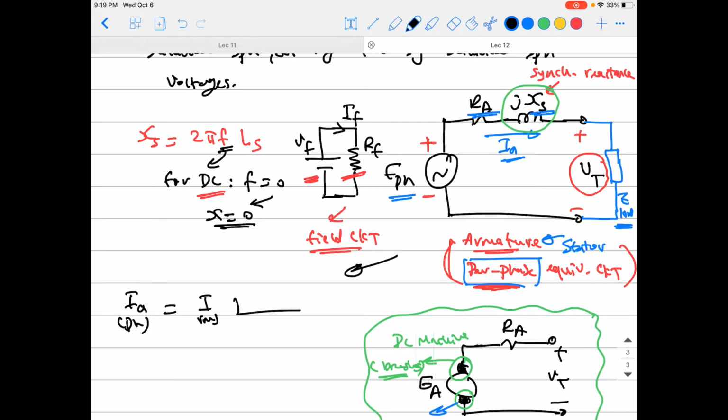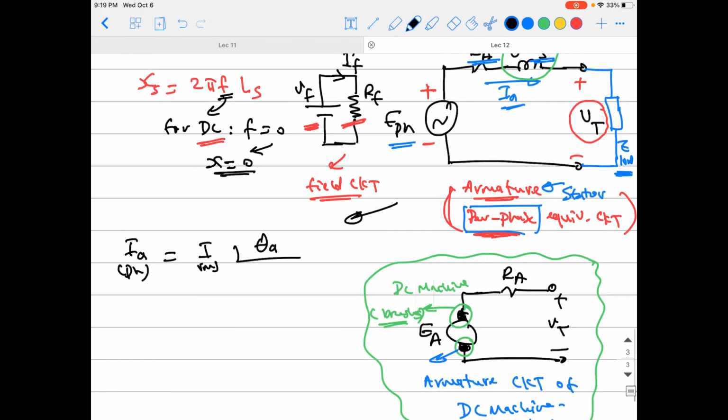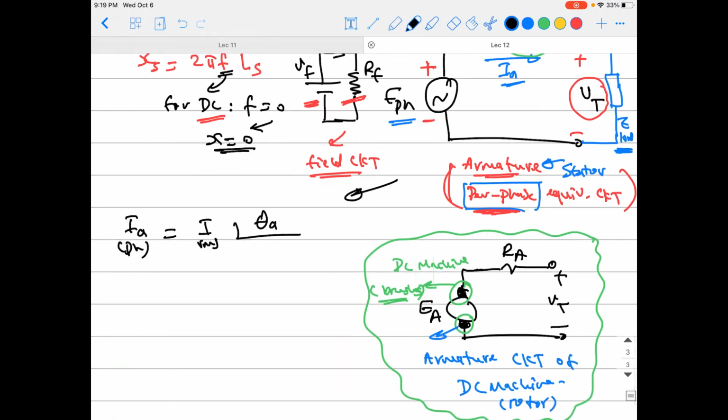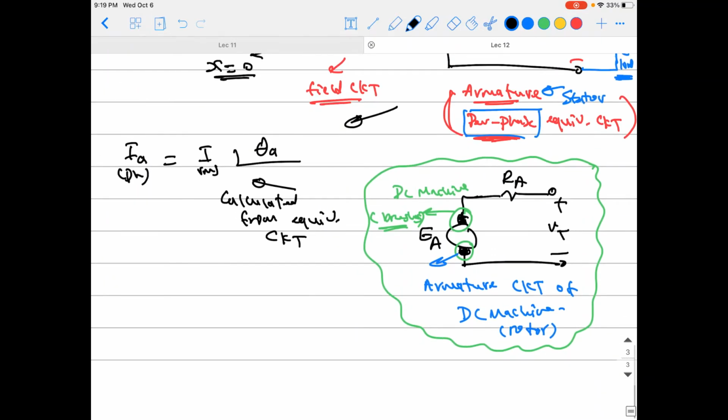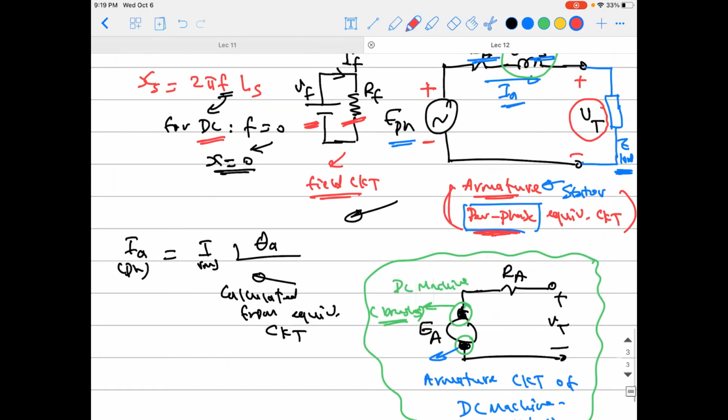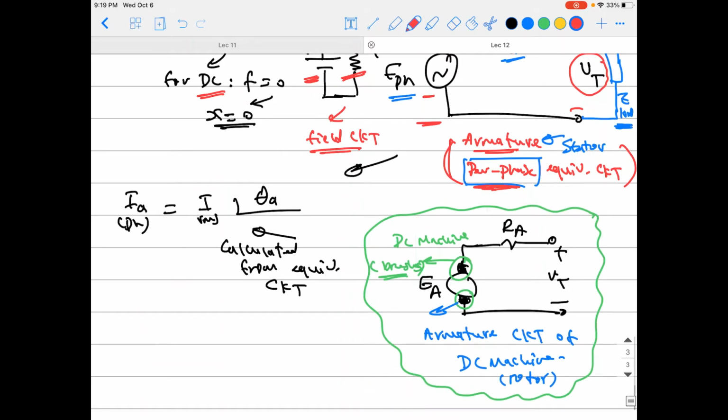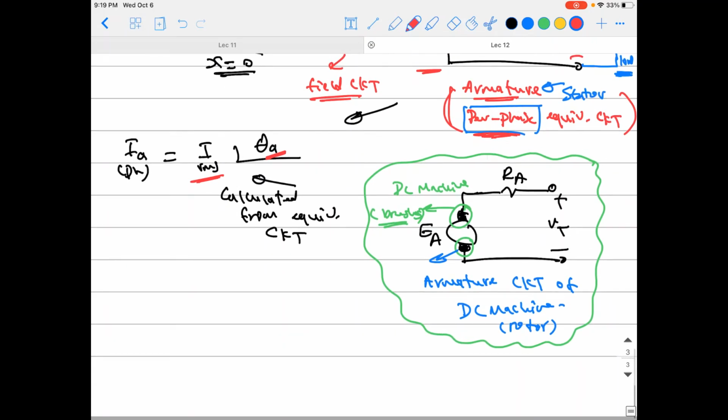So it will be theta of phase A, because we have three phases, A, B, and C, yeah? So this can be calculated from the equivalent circuit, okay? You can use the equivalent circuit here with all the information provided for you to find this value, the current magnitude or RMS value, and the angle, okay guys?